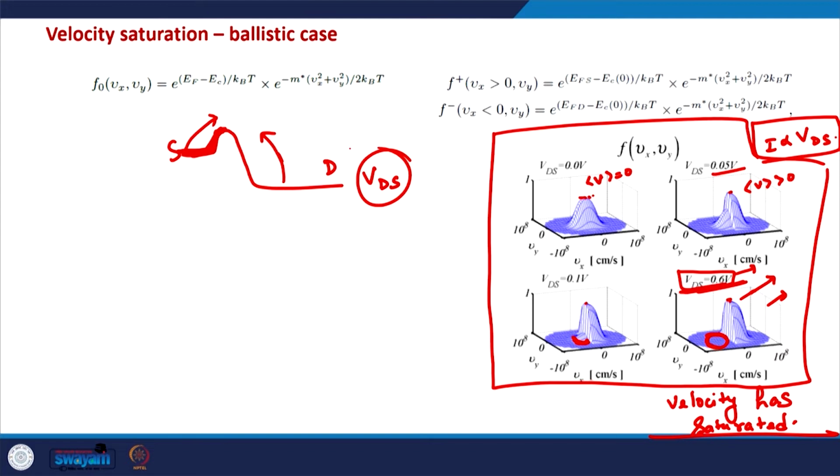Okay. So I hope this point is clear, how the velocity saturates in a ballistic MOSFET. This is an important point, and this comes directly from the microscopic inspection of the velocities in the ballistic MOSFET.